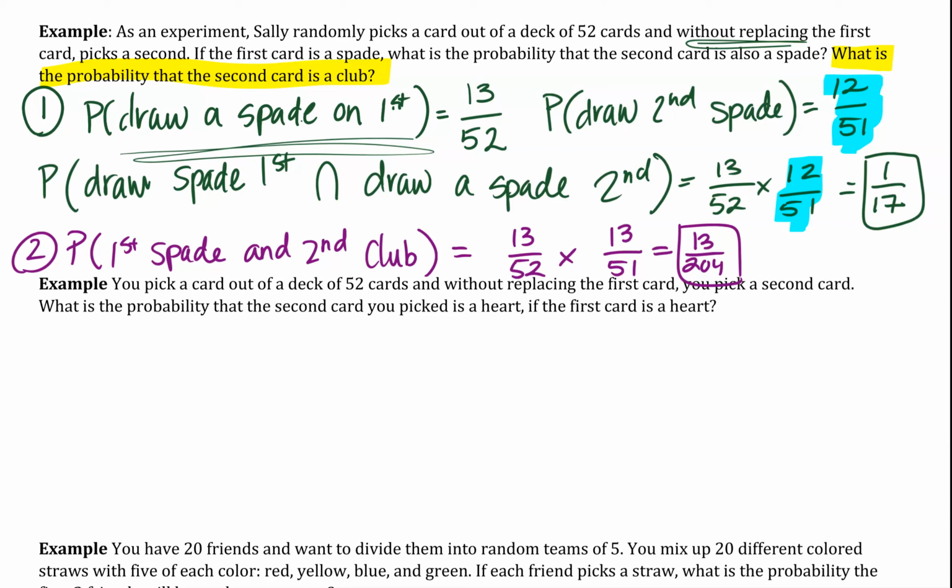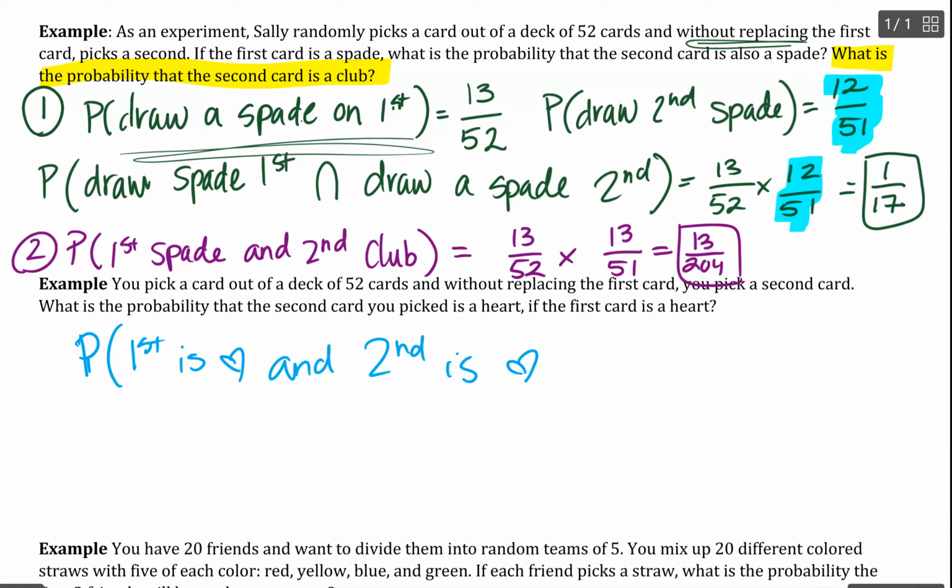So here we want the probability, we'll write it the same way, that the first is a heart and the second is a heart. So this is similar to one that we just did. So I recommend that you pause the video and you try to work through these probabilities yourself and play the video when you want to see the solution.